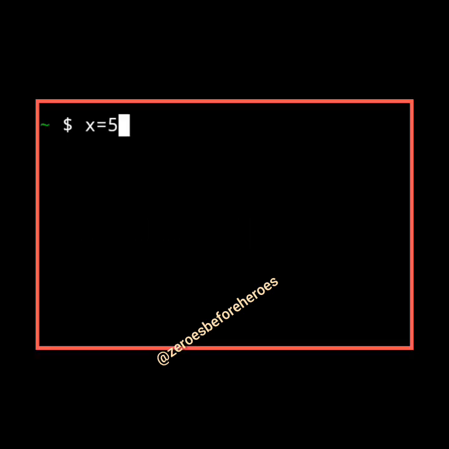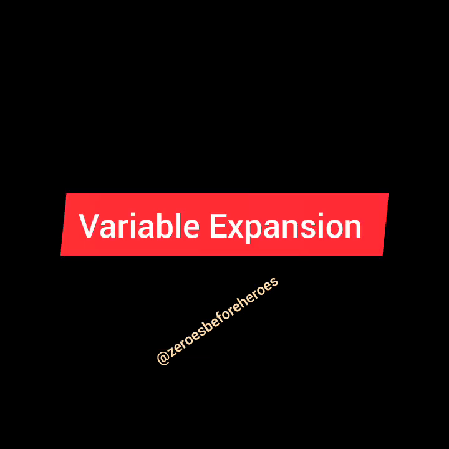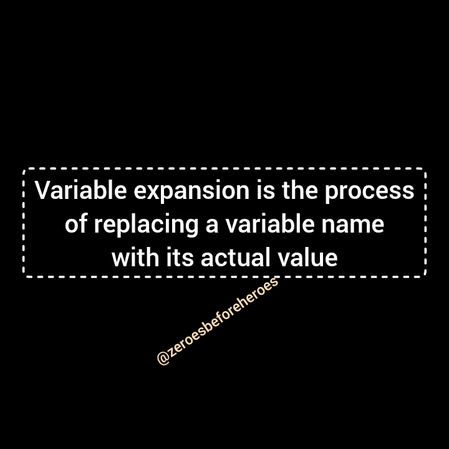Now, in the expression on the screen, how do we access the value of x? We can access the value of x through what is known as variable expansion. Variable expansion is the process of replacing a variable name with its actual value.